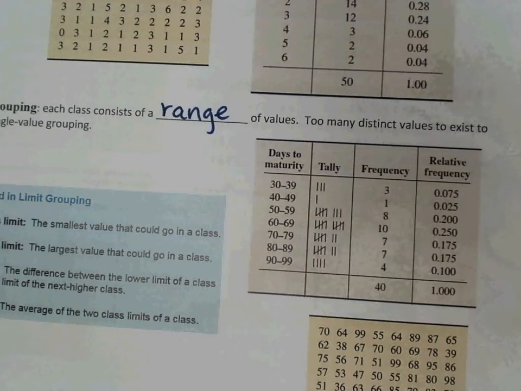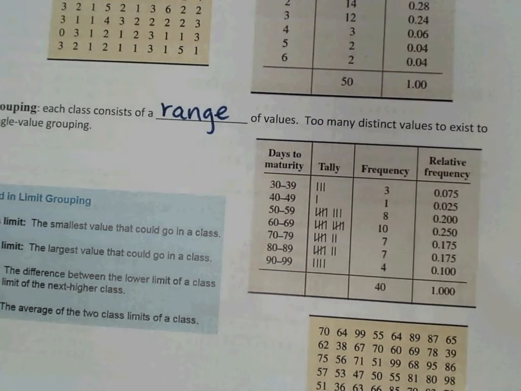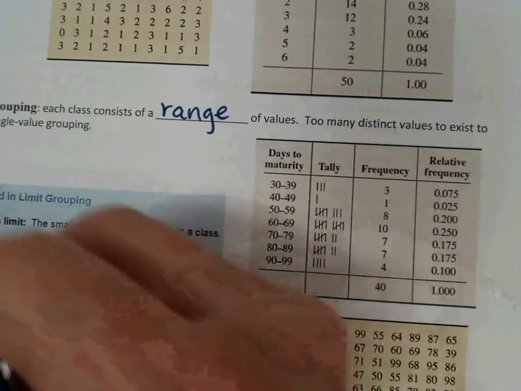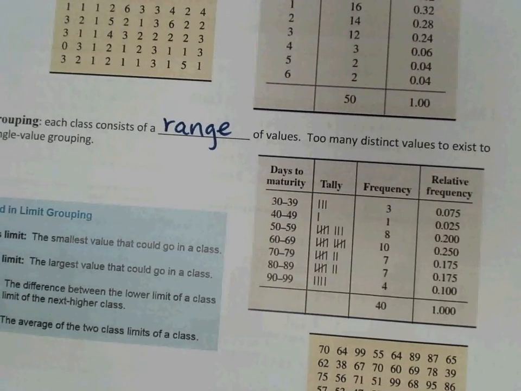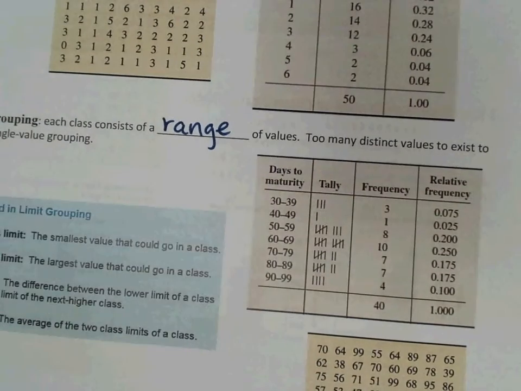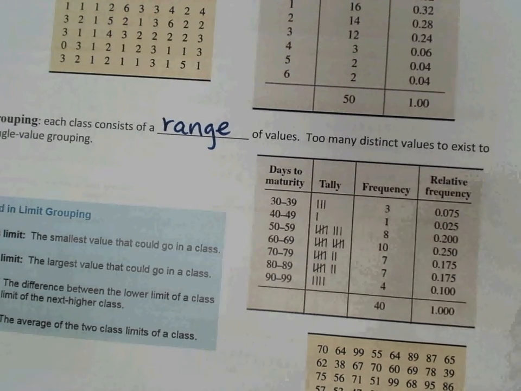That's the smallest value that could go in a class. So with a 30 to 39, 30 is the lowest value you could put in that class. Upper class limit is the largest value that could go in a class. Fairly straightforward. Class width, that's just the difference between the lower limit of a class and the lower limit of the next class.